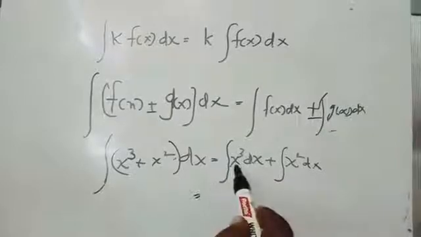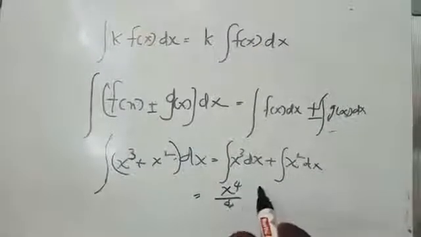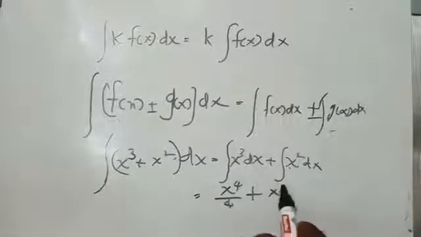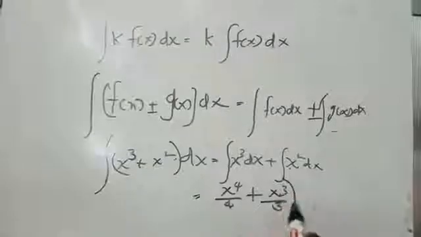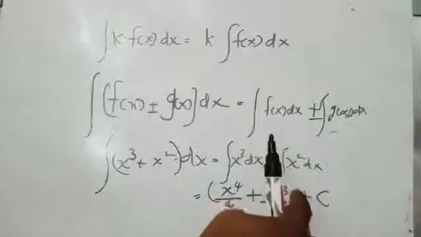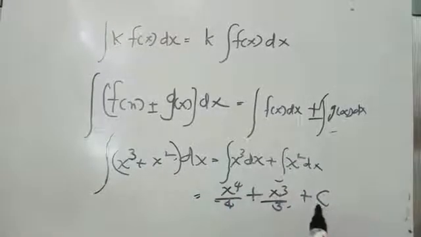Now we have to integrate it. We get x raised to 4 by 4 plus x cubed by 3, and write overall only one c, plus c. No need of bracket. Don't write c here and here. Just write only one c here. Okay.